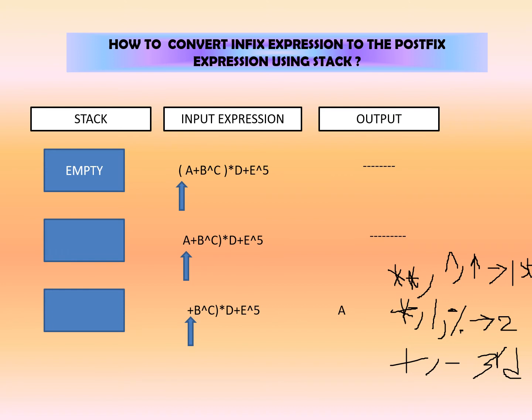Here, basically, first the stack is empty, and the infix expression is read from left to right. A stack contains only operators. So push the bracket operator into the stack. First it is empty, and next time it is in the stack.